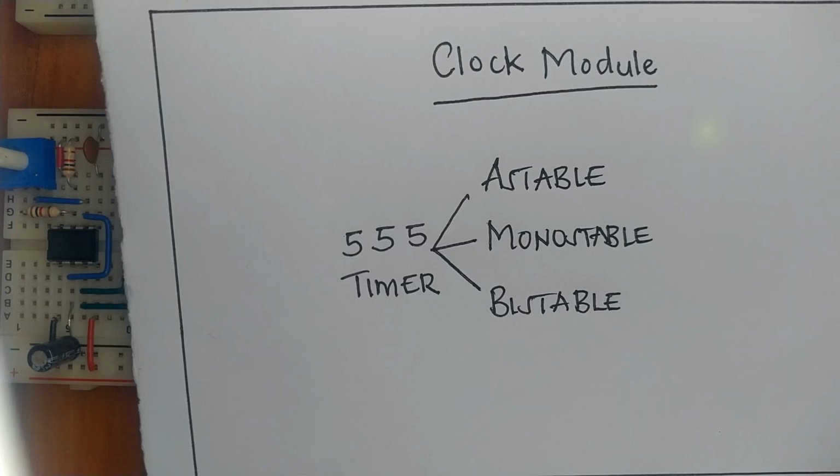Astable means that it keeps alternating between 1 and 0, or between on and off. The monostable can only be in one state at a specific time, that is either on or off. And in bistable, it can hold between the 2 states.